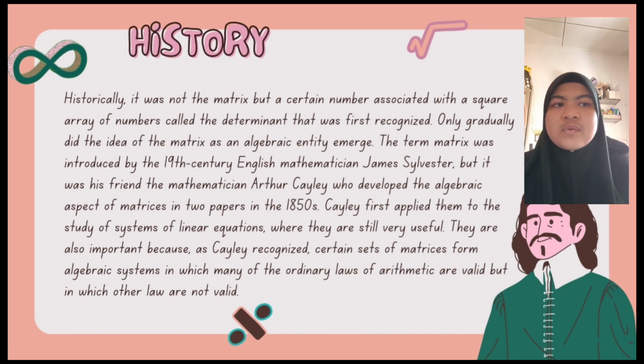The term matrix was introduced by the 19th century English mathematician James Sylvester, but it was his friend, the mathematician Arthur Cayley, who developed the algebraic aspect of matrices in two papers in the 1850s. Cayley first applied them to the study of systems of linear equations.